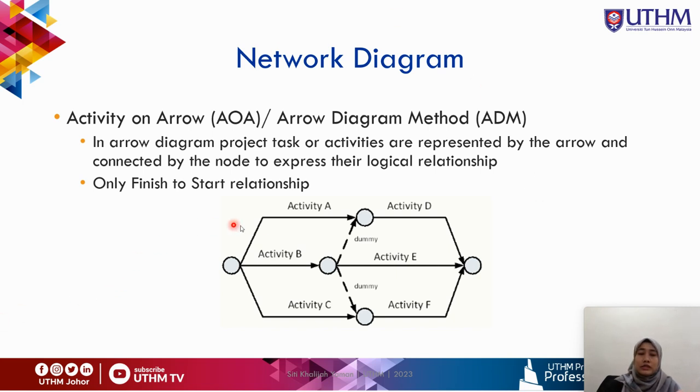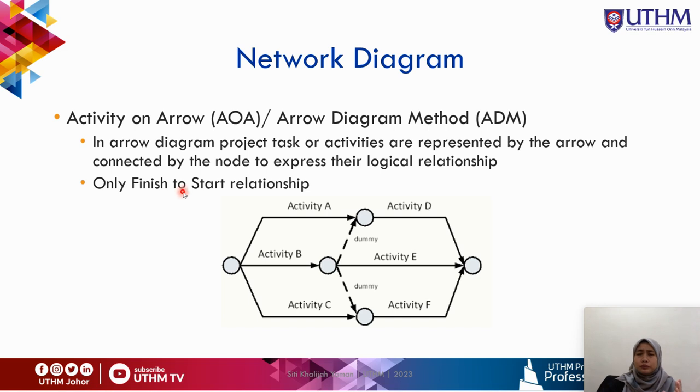For example, you can see in this figure, you have nodes. The nodes indicate the start and also the end point of each task, and the arrow itself represents the activity involved in that particular project.